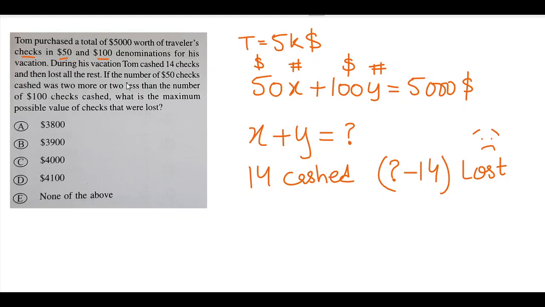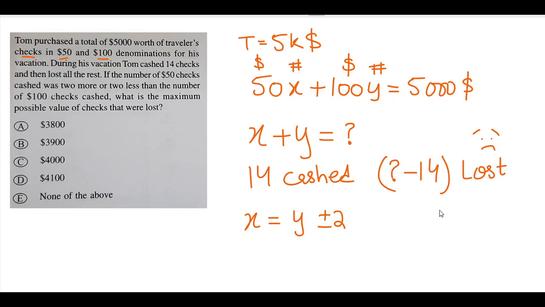If the number of 50 checks cashed was 2 more or 2 less than the number of 100 checks cashed, I think I can come up with some type of relationship. So X is 2 more or 2 less than Y. Then what is the maximum possible value of checks that were lost?